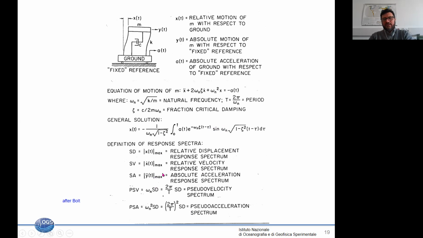So the step from the relative displacement to the pseudo acceleration spectrum is relatively correct. There are more differences between the relative velocity response spectrum and the pseudo velocity due to this approximation of simply multiplying by omega n.